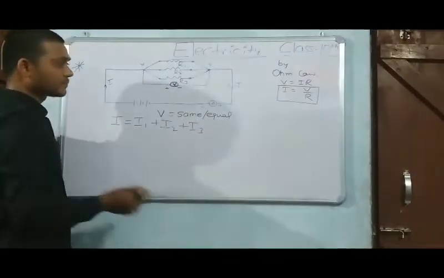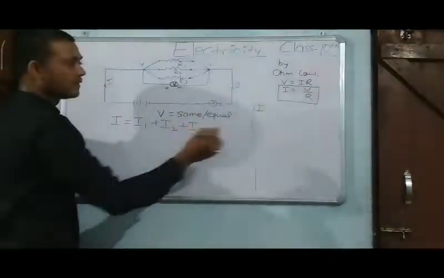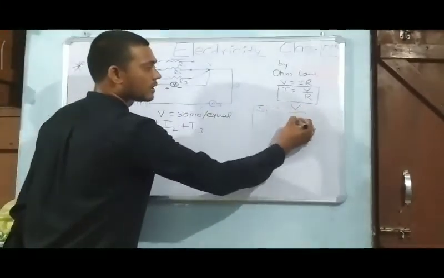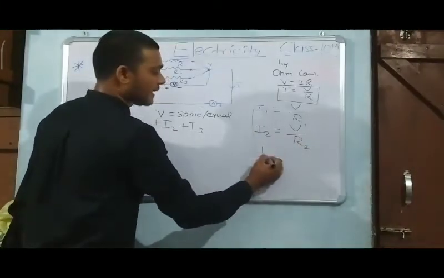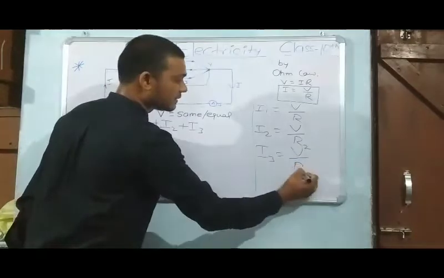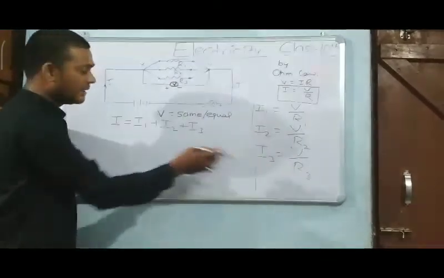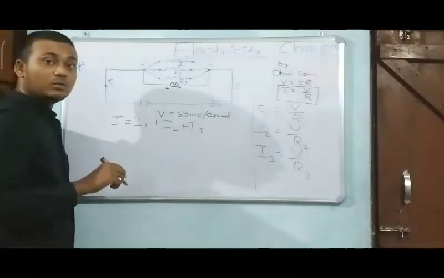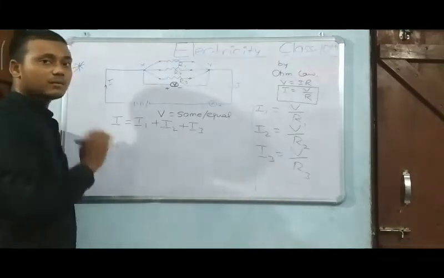We know that I is equal to V upon R. So I1 is equal to V upon R1, I2 is equal to V upon R2, I3 is equal to V upon R3. We need to put the values of I1, I2, I3 in this equation and get the value of equivalent resistance when resistors are placed in parallel.